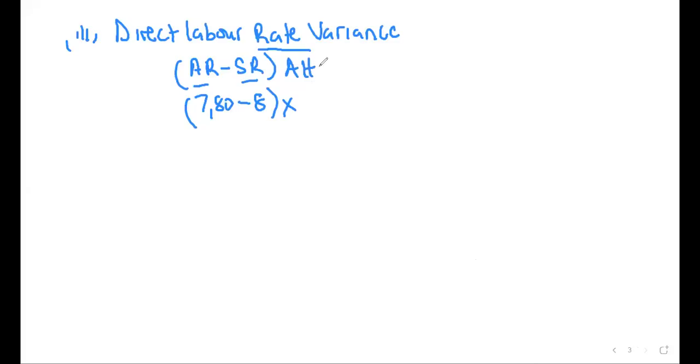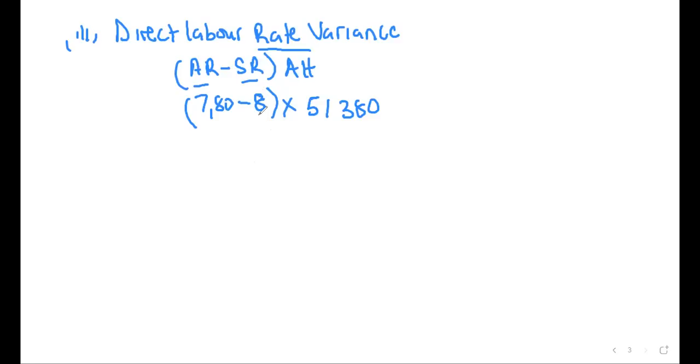Are we going to have a favorable here? Anyone who can determine, is it going to be favorable or unfavorable? It's favorable.